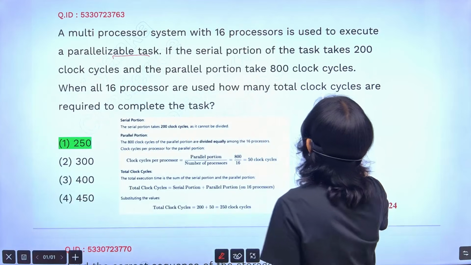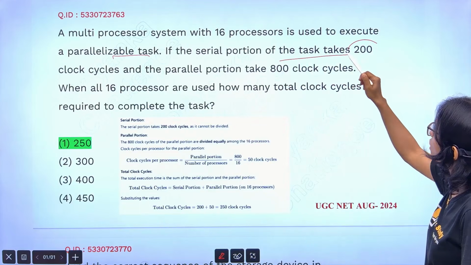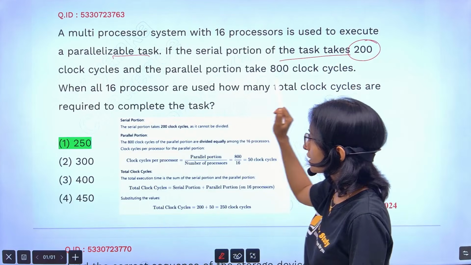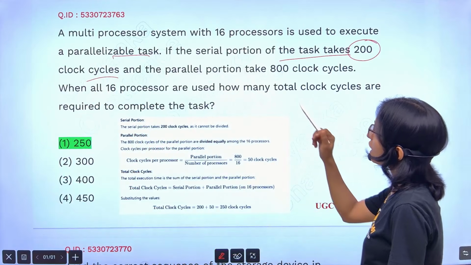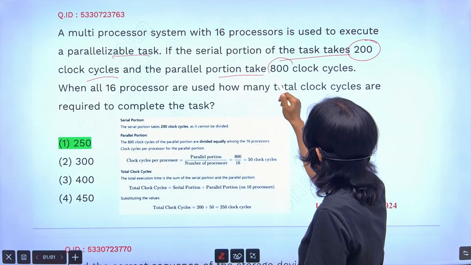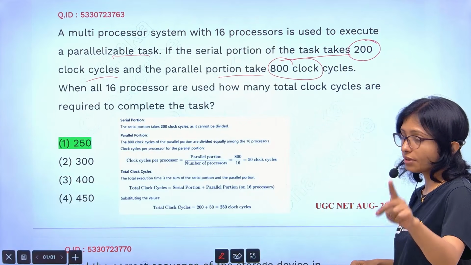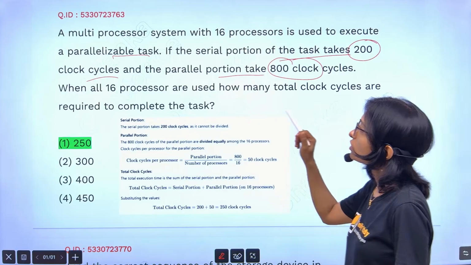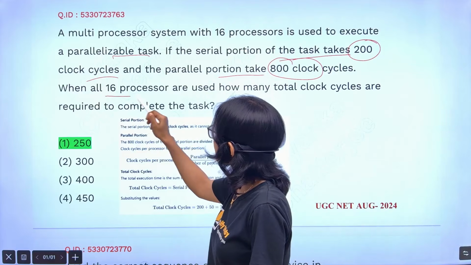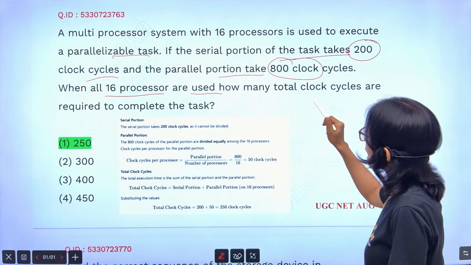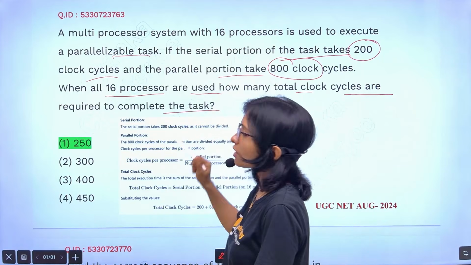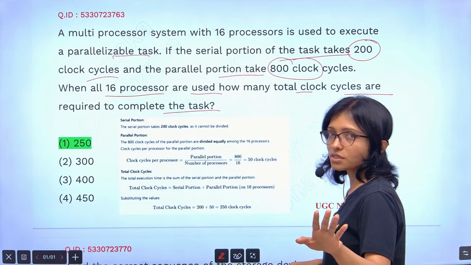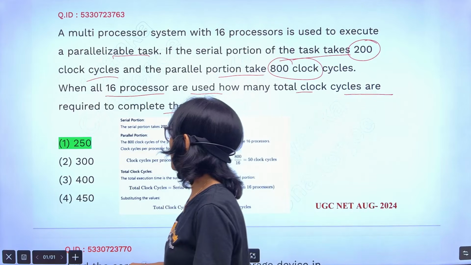The serial portion of the task takes 200 clock cycles, and the parallel portion takes 800 clock cycles. That is given to you. Now when all 16 processors are used, how many total clock cycles are required to complete the task?